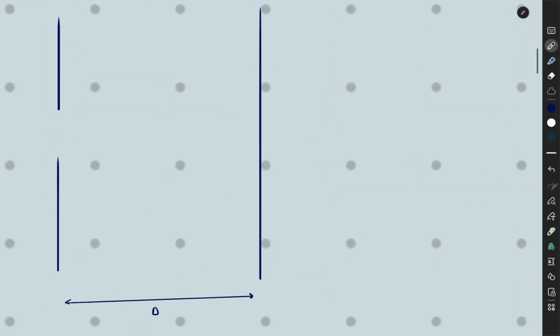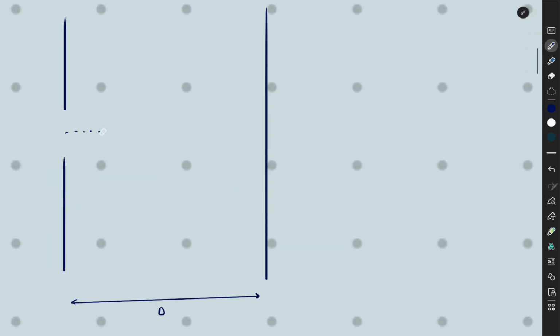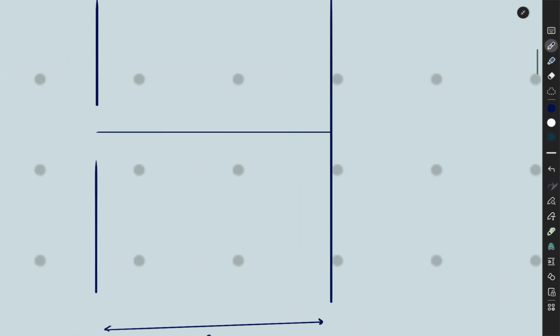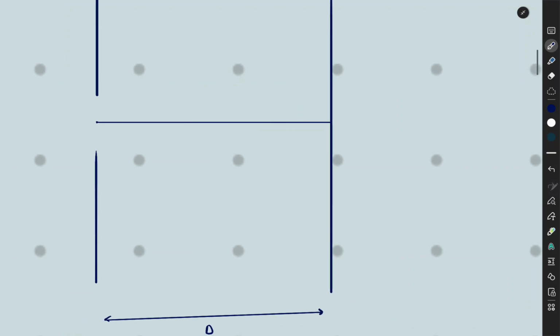This is D, and this is the screen. Let us take this as the middle part of the slit, then this is a line passing through this middle part.